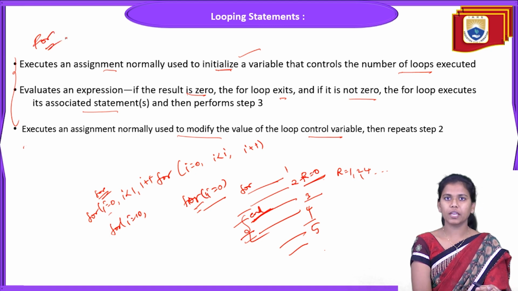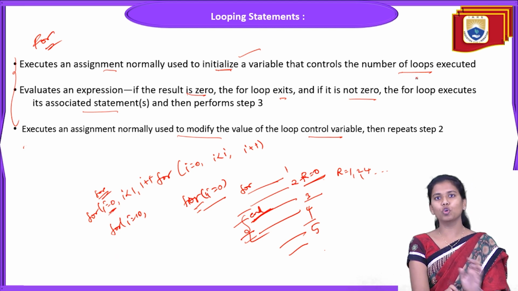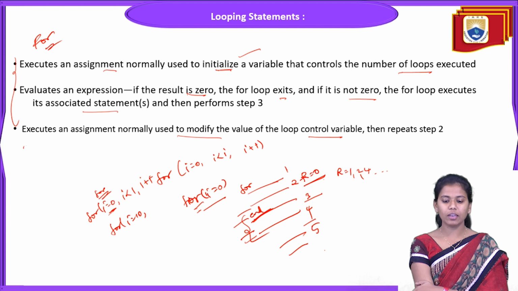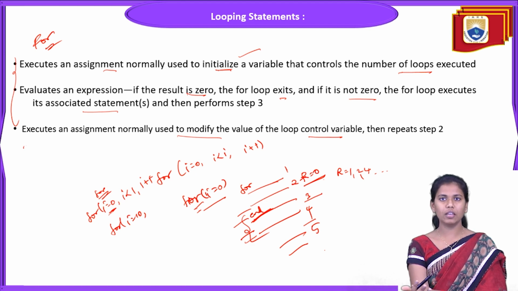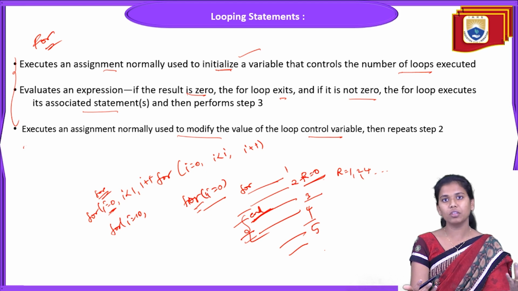So what does a for loop state? First, it executes the initialization and controls the number of loops executed. Second, if my output value is 0, the for loop will exit; if I'm getting a non-zero value, it executes the associated statements followed with it.